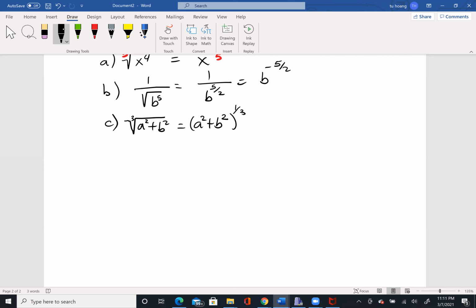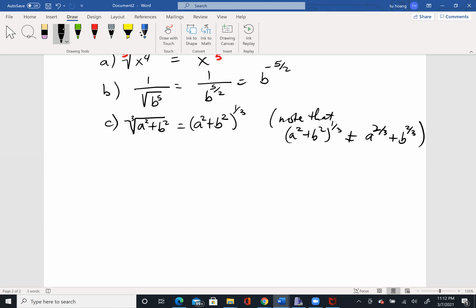You have to stop here and note that a squared plus b squared to the power 1/3 cannot equal a to the power 2/3 plus b to the power 2/3. Maybe someone will think that for this case you just distribute the power. That's totally wrong, so don't make that mistake.